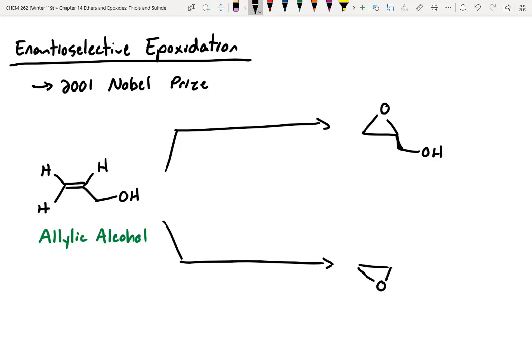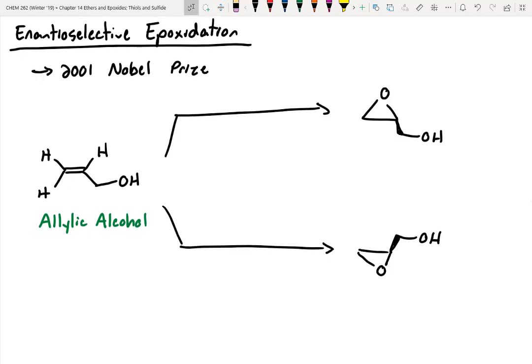Or using a different set of reagents, you could get this epoxide with really, really high enantiomeric excess. Cool thing with this is you can use relatively simple reagents. You require a peroxide in each case. You also require a titanium catalyst.